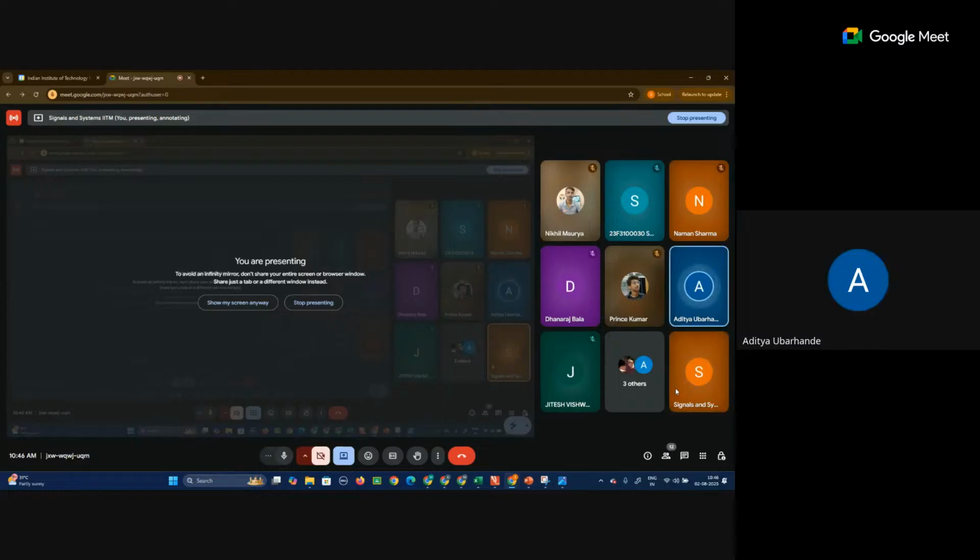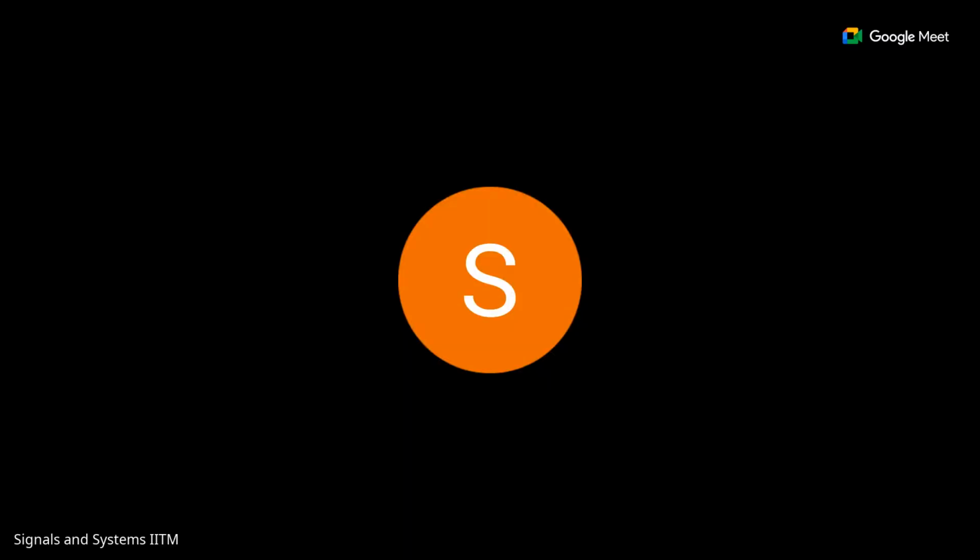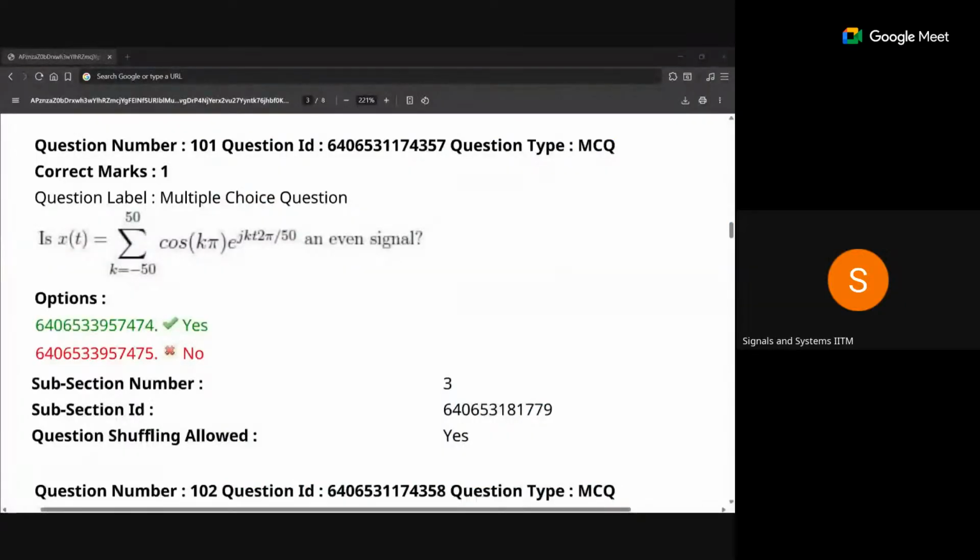Yes, ma'am. I need screen sharing access. Yeah, I hope my screen is visible. This is the question. We solved a similar one in this session, but I was not able to solve this one.